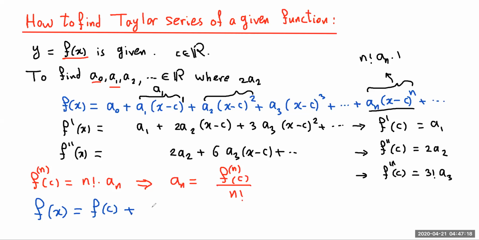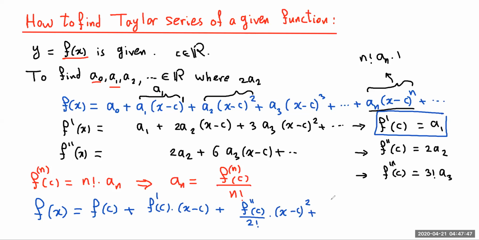Plus, instead of a1, I will write the first derivative at c times (x minus c), plus the second derivative at c over 2 factorial times (x minus c) power 2, because a2 equals second derivative of f divided by 2 factorial. And a3 is the third derivative of f at c divided by 3 factorial, times (x minus c) power 3, plus etc., without stop.